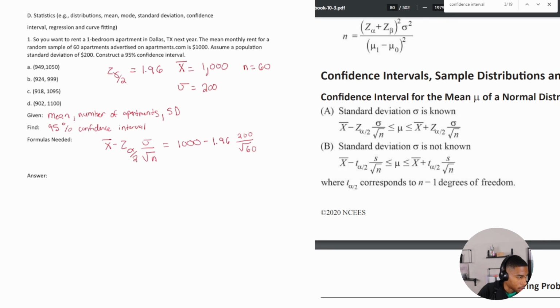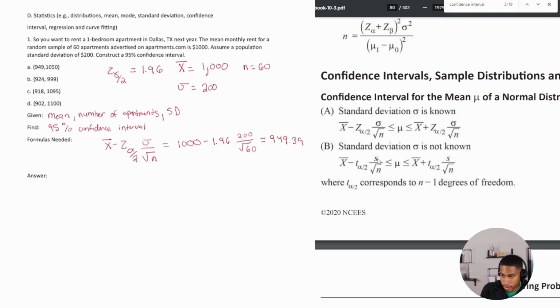And you should get, for that, 949.39. Okay. And so that's our lower bound.